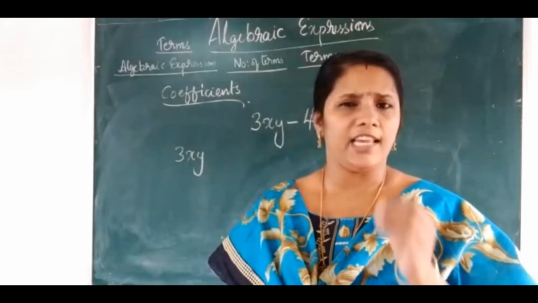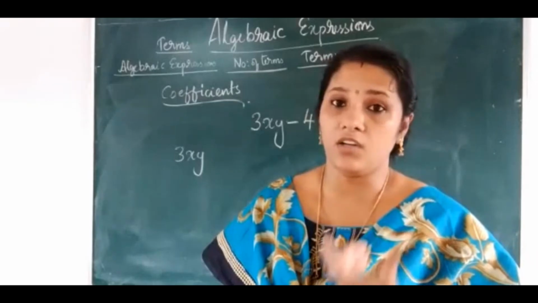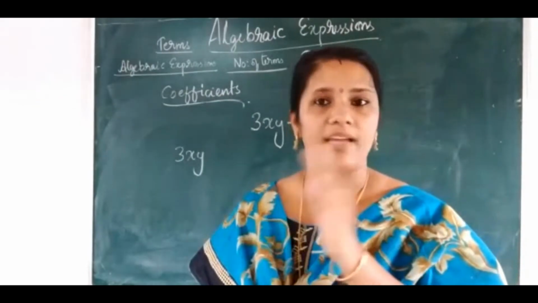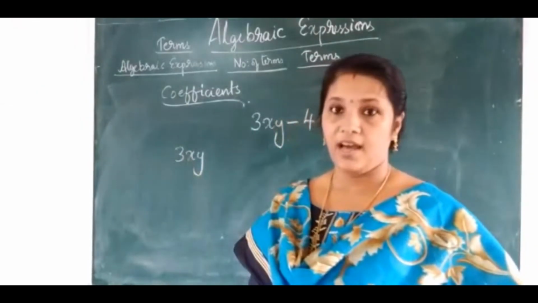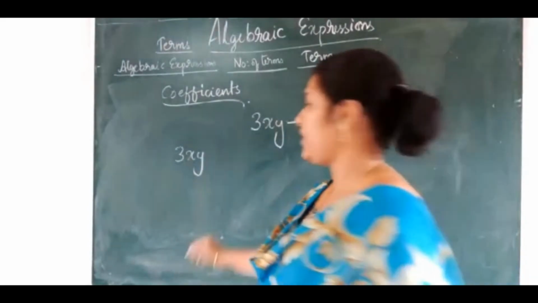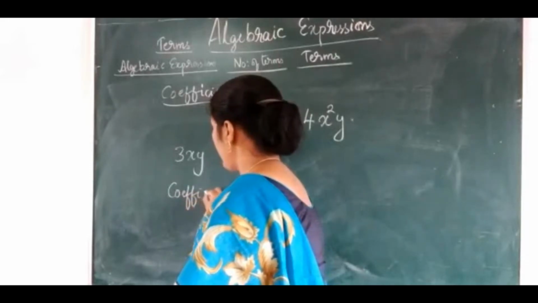What is it? Any factor of the considered term of the algebraic expression is the coefficient of the remaining factors. Let me say 3xy. I need to find the coefficient of xy.